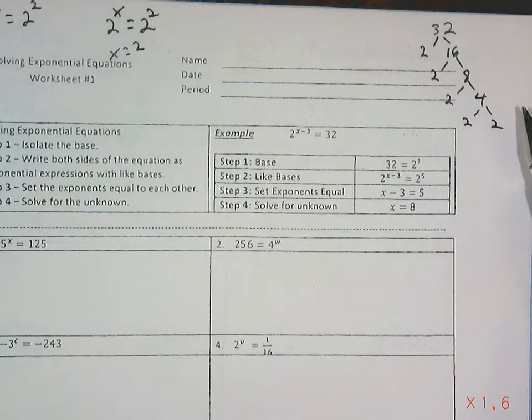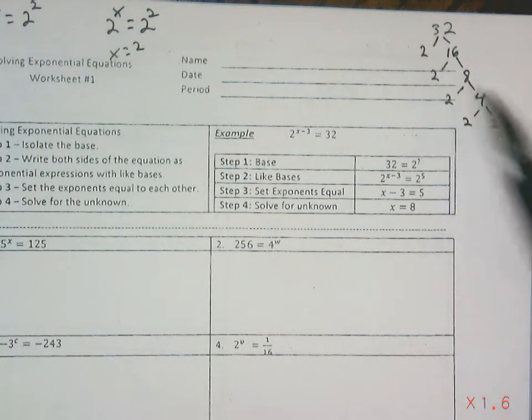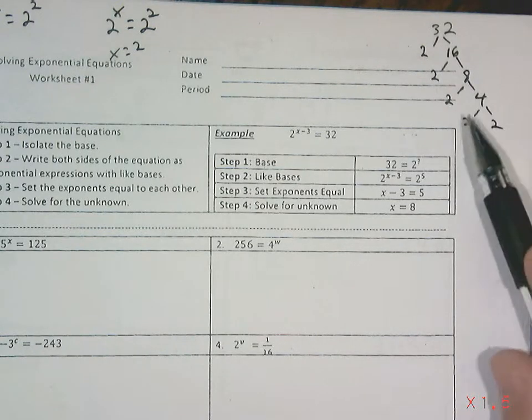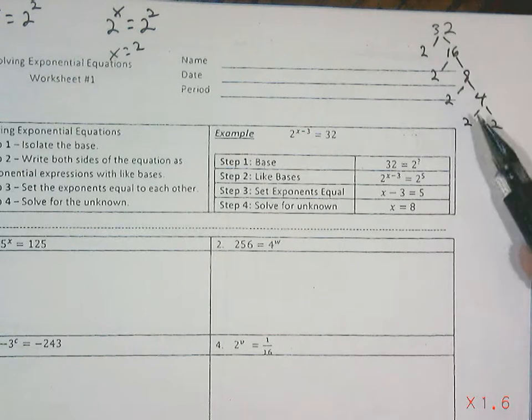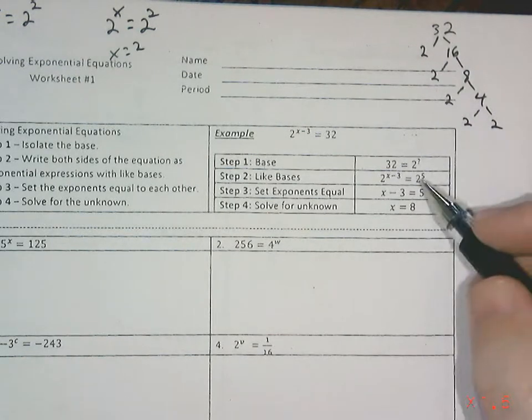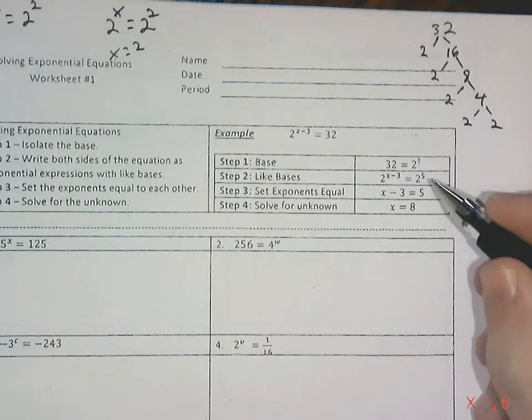Now at this point, it's really easy to see how many times 2 goes into it. I just have to count up how many 2's I see. I've got 1, 2, 3, 4, 5. So if I were to take 2 and multiply it by itself 5 times, I'm going to get 32. So I could rewrite 32 as 2 to the 5th power, which is what they do right here, 2 to the 5th power.